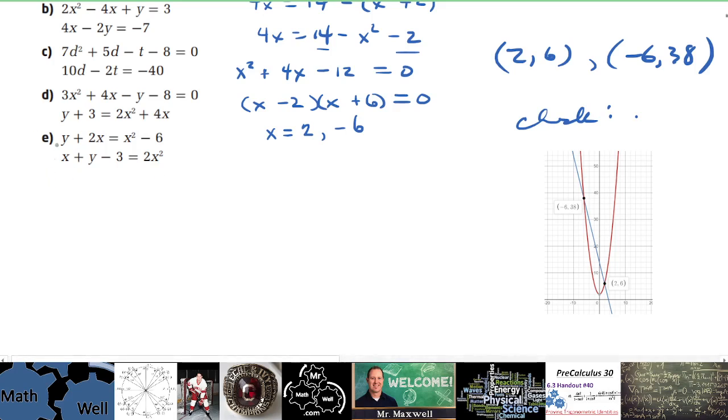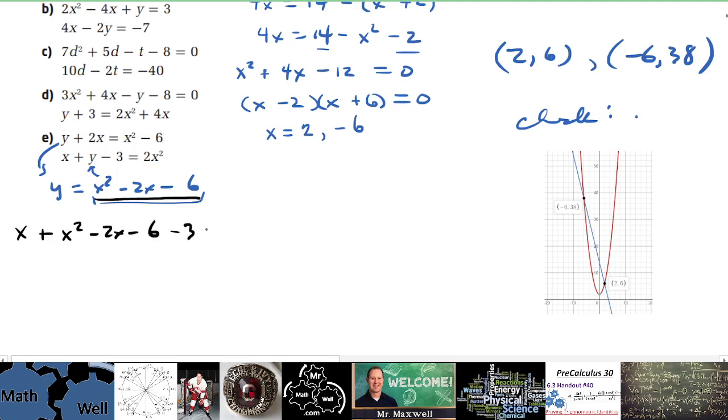Let's do substitution. So this first equation is y equals x squared minus 2x minus 6. And so let's substitute this into the second equation for y. So the second equation is going to look like this: x plus, and then what's y? Well, this is y, and minus 3 equals 2x squared.